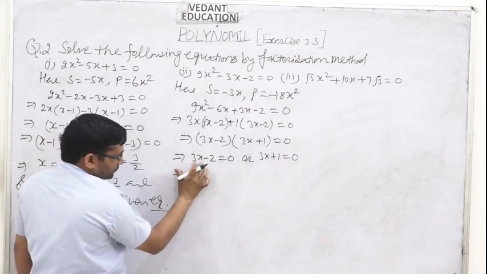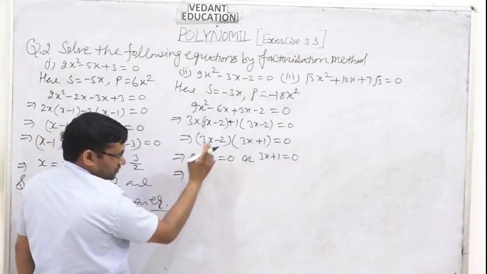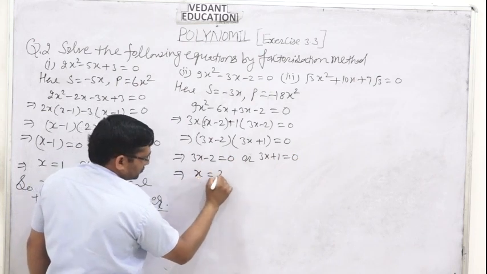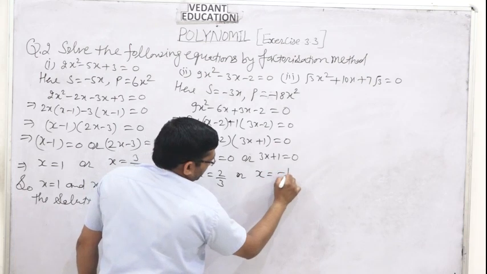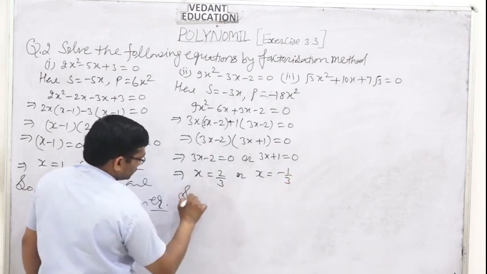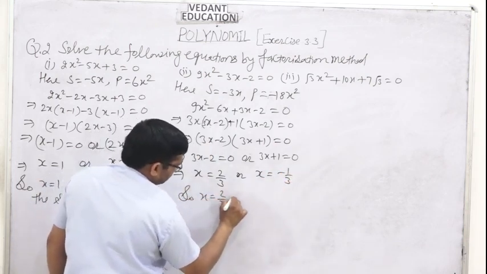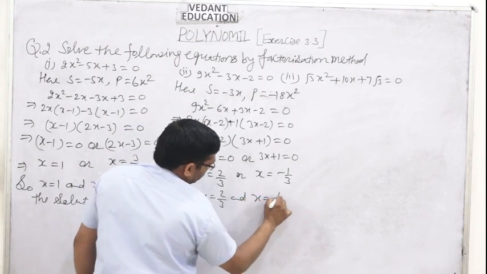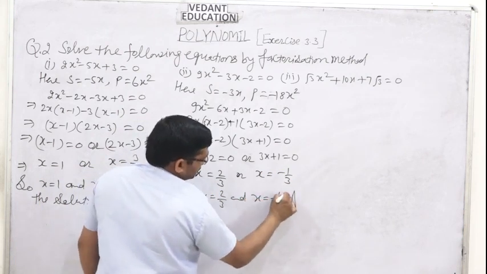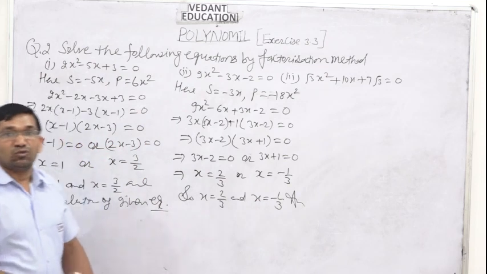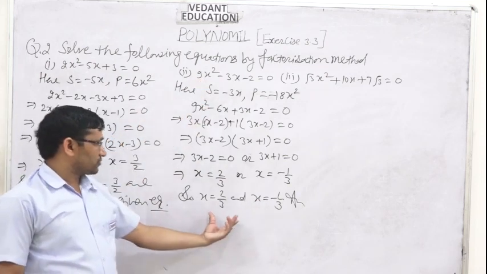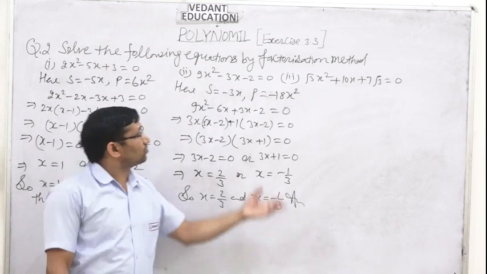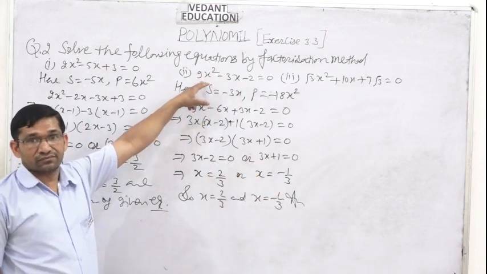If 3x minus 2 is equal to 0, that is 3x is equal to 2, and that is x is equal to 2 upon 3, or x is equal to minus 1 upon 3. So x is equal to 2 by 3 and x is equal to minus 1 by 3 are the solutions of the given quadratic equation. We can also say that these are the roots of this equation.